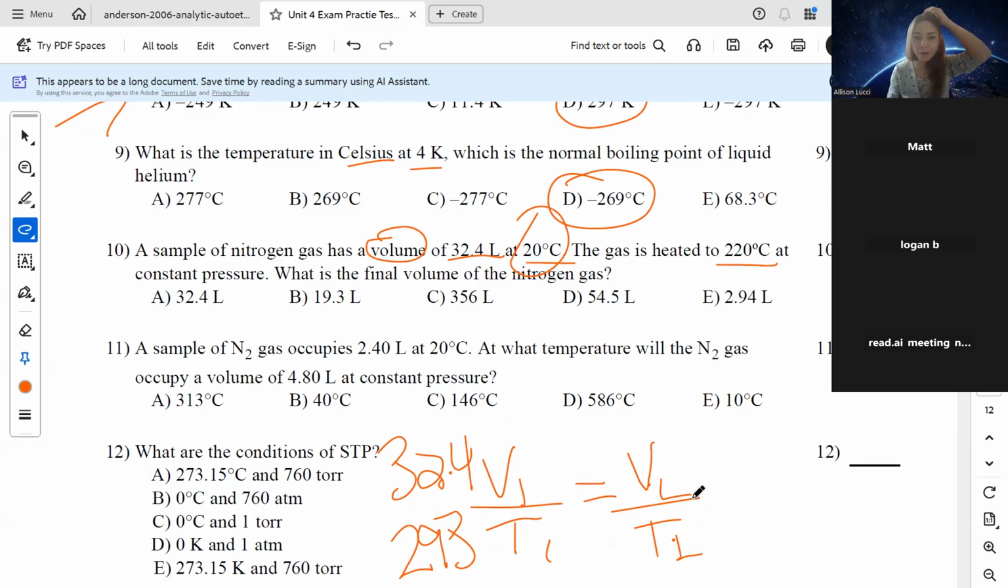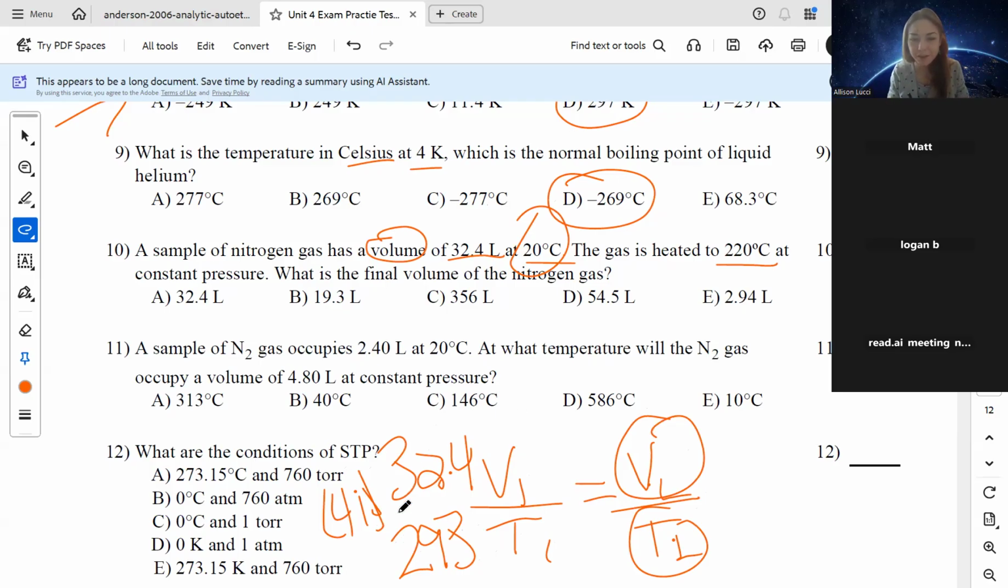And then I want to solve for my V2 over here. So now I'm going to multiply both sides by T2, so that's going to be 493. All right, so we plug in 32.4 times 493, and then we're going to divide by 293.